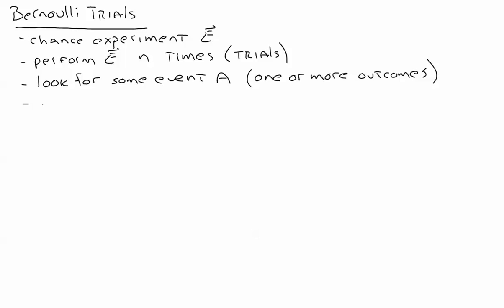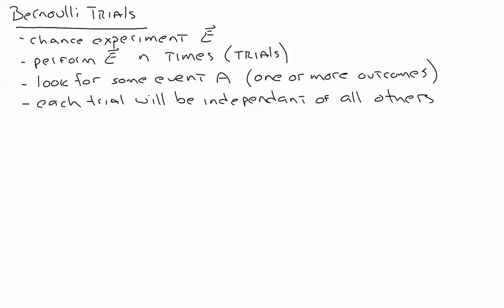Each trial will be independent of all others. The independence of these trials is going to be very important in the mathematical formalism that we develop a little bit later.